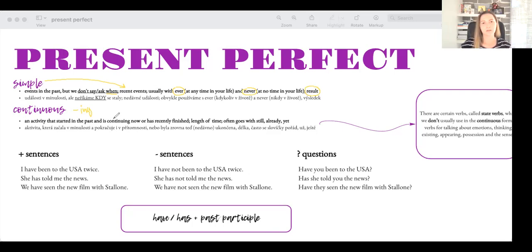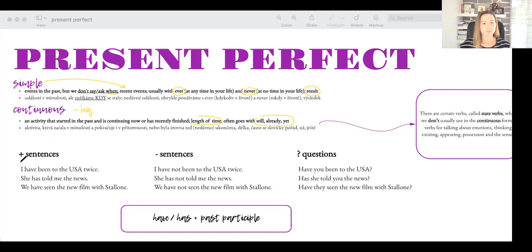If I say that I have been learning English for 5 years, that means that I started 5 years ago and I am still learning at the moment. I'm focusing on the length of the time. So I said 5 years. So that's the length. And also you can often see these words here, still, already, and yet.